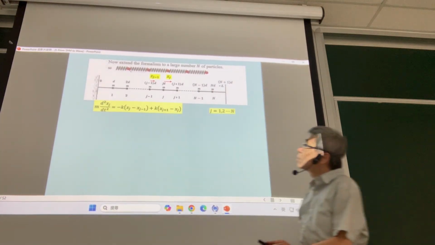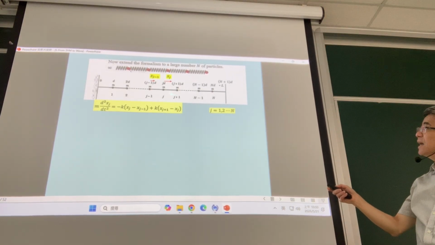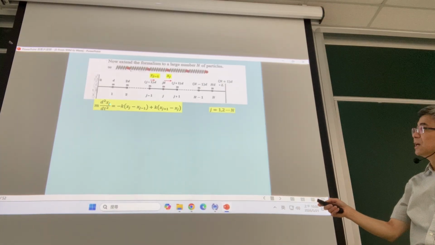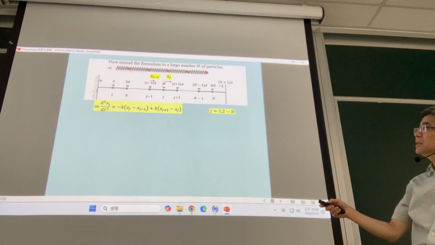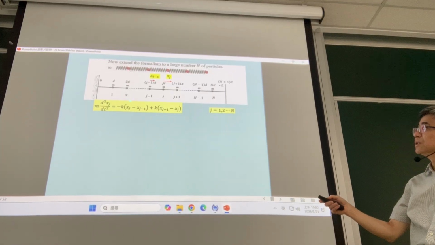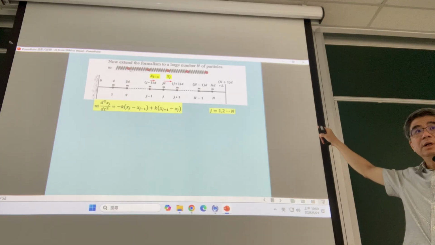So you have x1, x2, x3 up to xn, and then the equation of motion will be something like this. The acceleration of the displacement of the jth particle will be determined by the forces of the two springs attached to it.